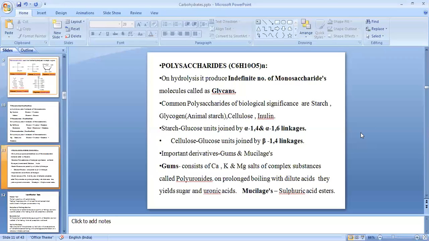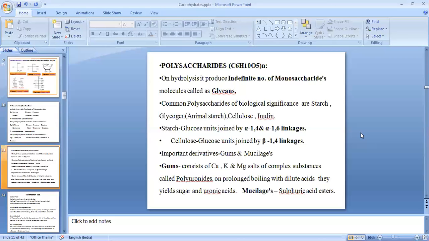When you look at starch, it is joined by n number of glucose units. The linkage is alpha 1,4 or alpha 1,6. Whereas cellulose is also made up of only glucose units, n number of glucose units joined together, but the linkage is beta 1,4.